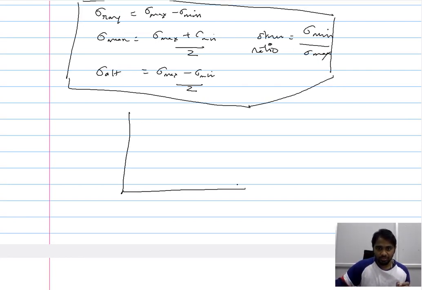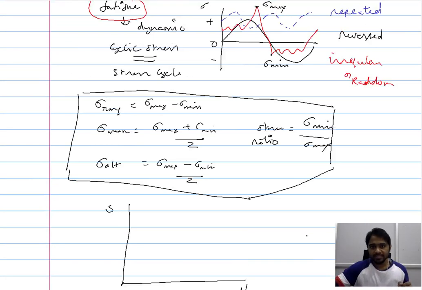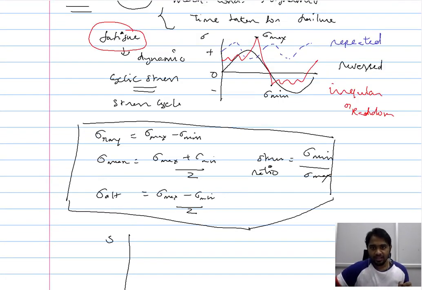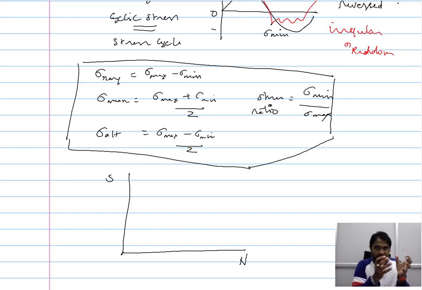So the variables we have when we represent the fatigue test would be the stress that you impose and the number of cycles the material survives without failing. What we mean by cycle is that these are periodic in nature, so we can express the time in terms of the number of cycles. What we essentially want to know is, for a given dynamic stress condition, how much time will the material survive?